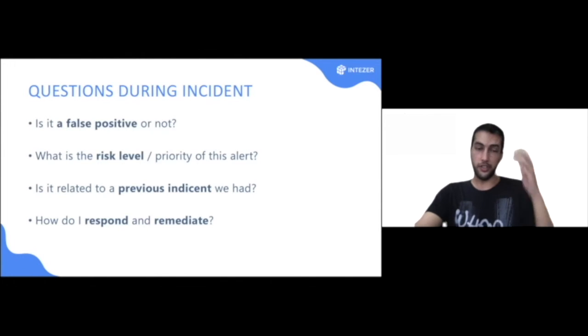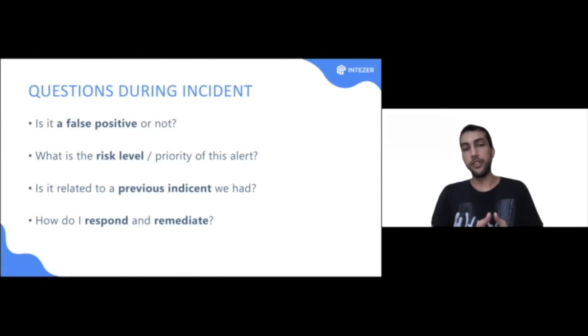As CERT managers, you probably have more than one alert at the same time, and I think you'd act differently if you know that this alert is an APT compared to ransomware or another tool. Now, in terms of seeing the bigger picture, it's very important to understand whether this file is related to a previous incident you had in the past. And of course, you want to know how you should respond and remediate against this threat.